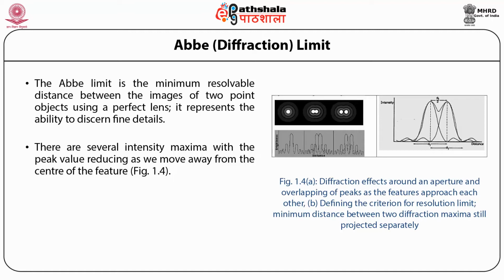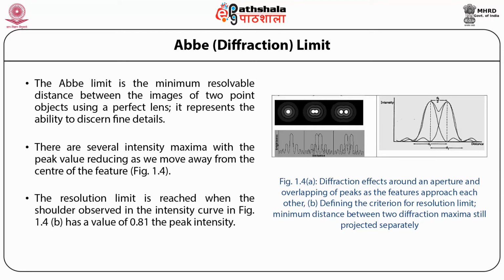As two-point objects approach each other, the main peaks get more closely spaced and finally start overlapping. The resolution limit is reached when the shoulder observed in the intensity curve in figure 1.4b has a value of 0.81 of the peak intensity.